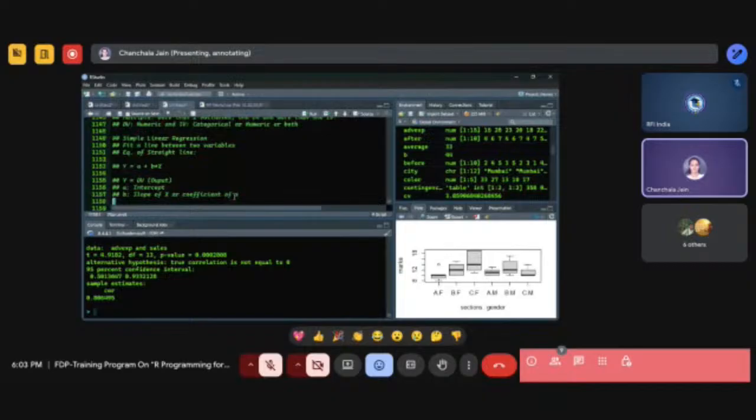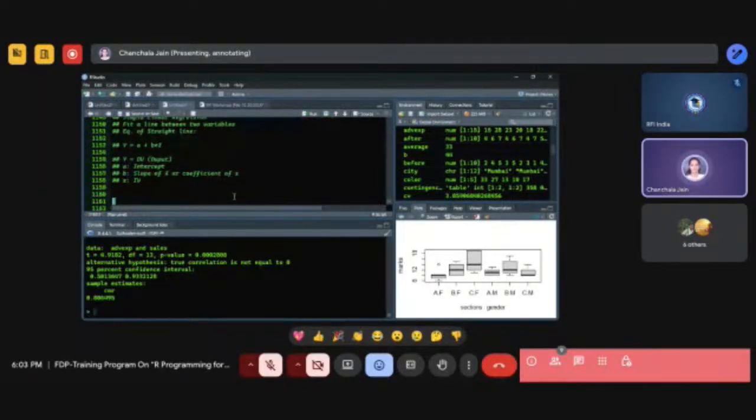Then x will be the independent variable, right? These are the notations we all have studied in the school days. Till 10th, we all have gone through the mathematics. But this is a mathematical equation, I must say, right? When we talk about statistics, we are adding one more term here, which is known as E, right? E is what?